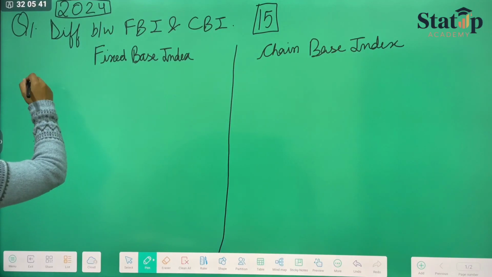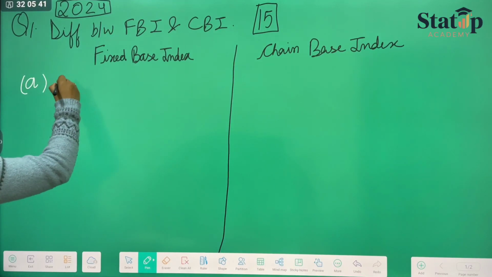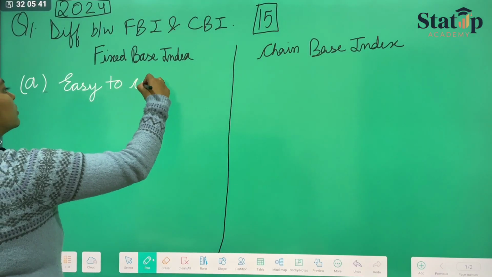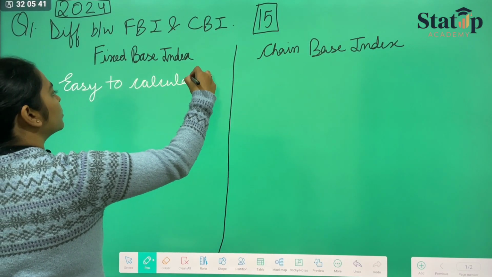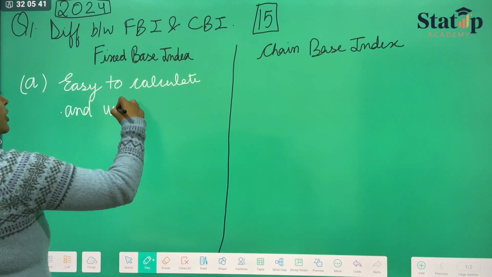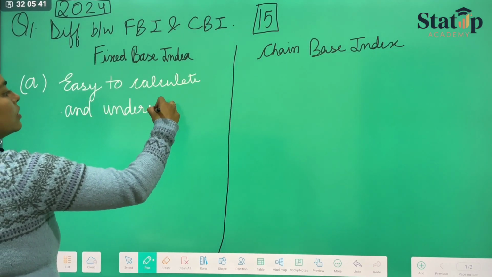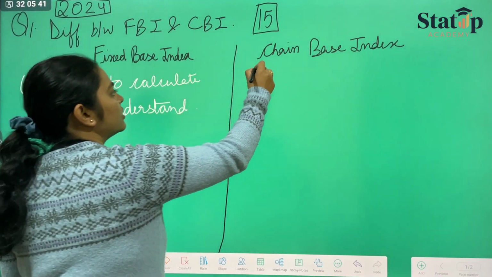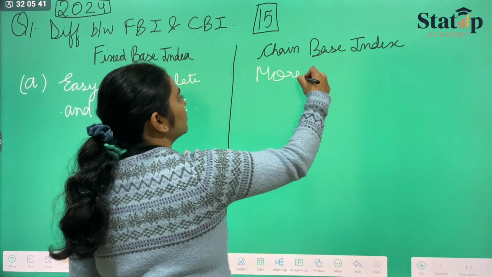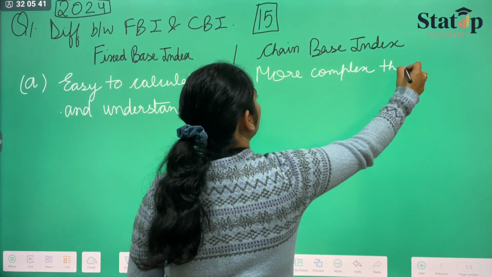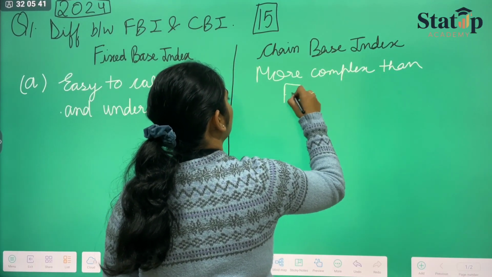So the first difference is it is easy to calculate and understand. Fixed base index number, as we have all done, is easier as compared to the chain base. Chain base is more complex than fixed base index number.